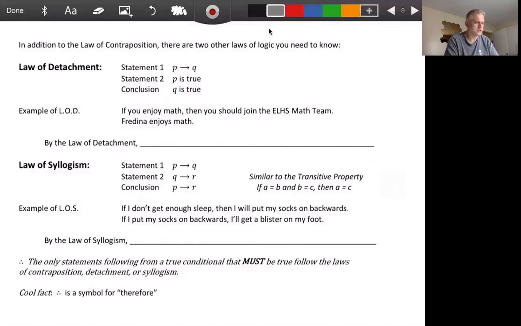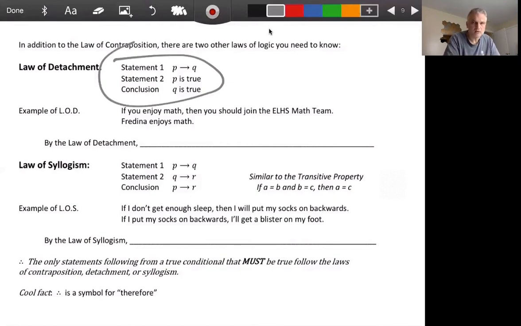Okay? Let's say now we got a couple other laws here. In addition to the law of contraposition, because the contrapositives are true, there are two other laws of logic that I want you to know. First one's called the law of detachment, and this is how it goes. Symbolically, you got your conditional statement first.